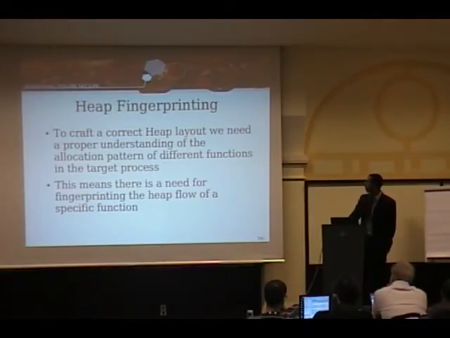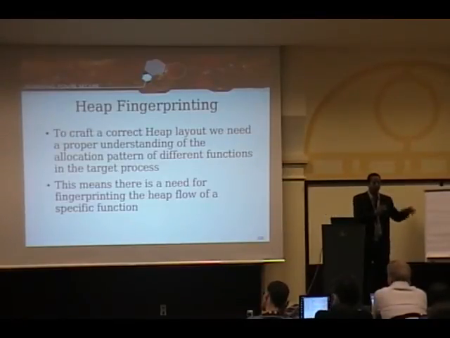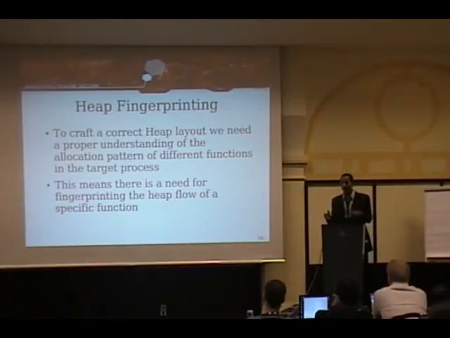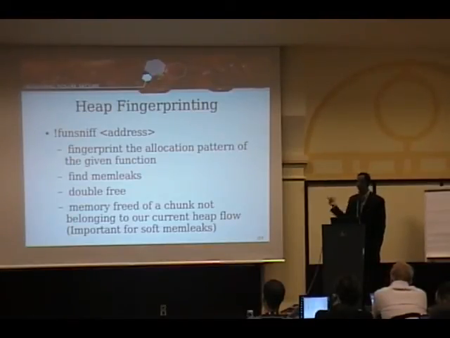We also do the flow of a rather large chunk of the program. I want to know how that affects the heap in a general sense, and we call that heap fingerprinting, heap fuzzing. And you can fingerprint the allocation pattern and find double frees quite easily and that sort of thing. And mostly I look for mem leaks using this.